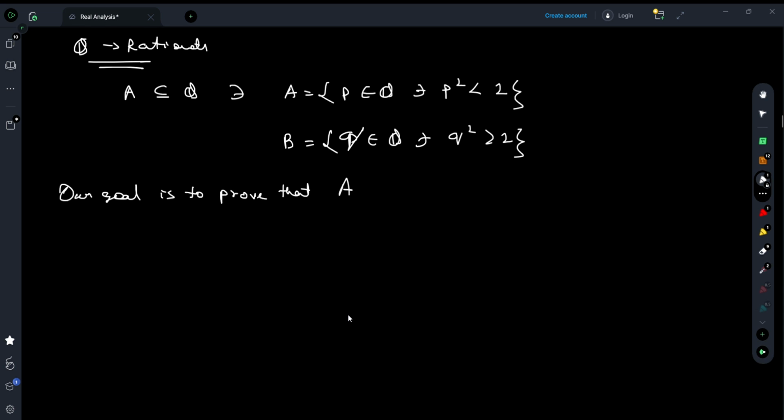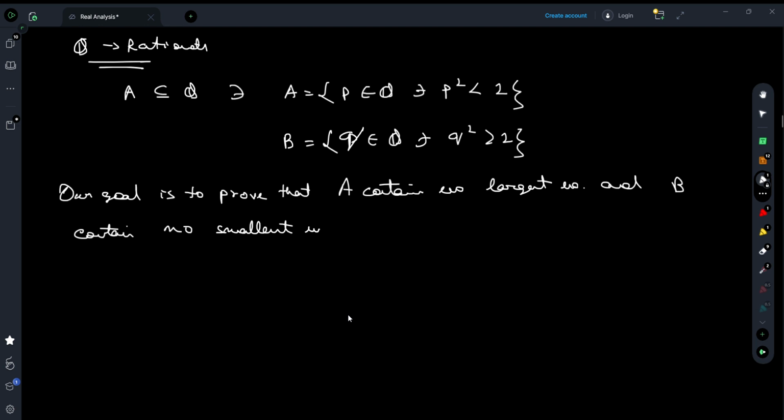So our goal is to prove that A contains no largest number and B contains no smallest number. Clear? Now how to do this?